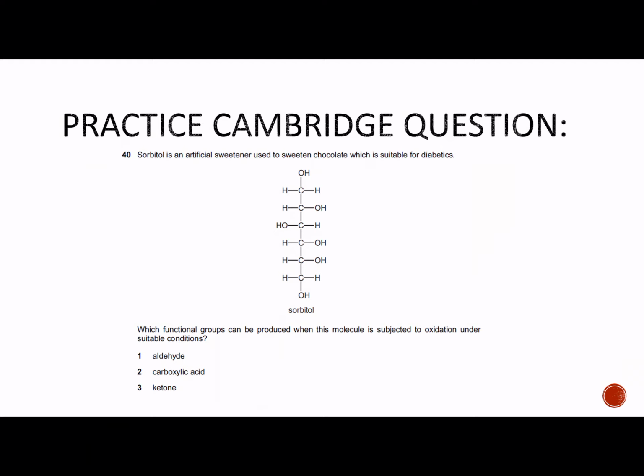So let's take a look at if we were to oxidize this molecule, what functional groups we would get. And it says under suitable conditions. So which can we get? Well, if I notice what type of alcohol I have, that will tell me my answer. This is a primary alcohol. Primary alcohols become aldehydes, which then become carboxylic acids.